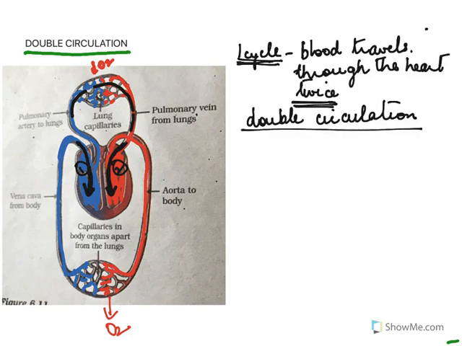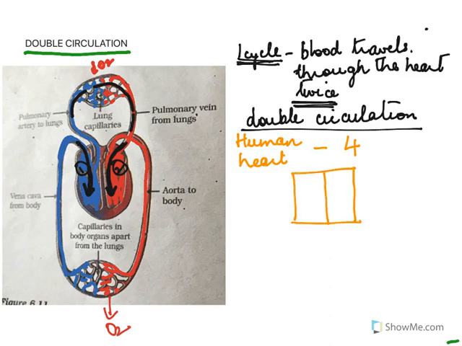The next point we need to know is the human heart. How many chambers does a human heart have? Of course your answer will be 4 chambers. So it has got 4 chambers like this: the 2 atriums at the top and the 2 ventricles here. And you have seen that the deoxygenated blood always remains on this side, and the oxygenated blood is on this side.